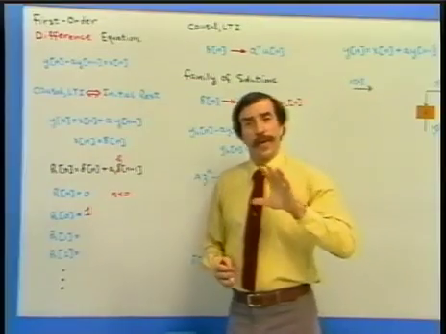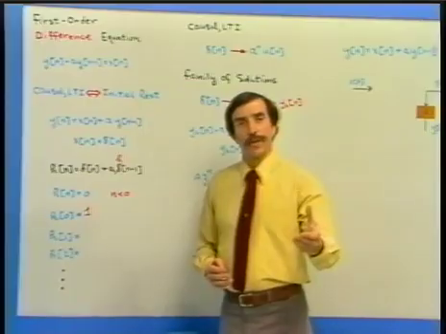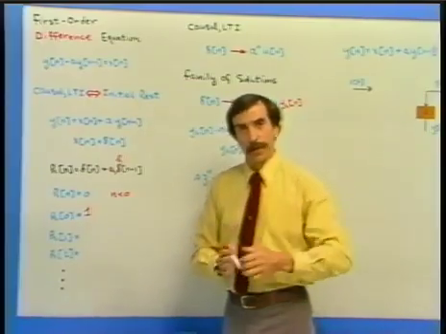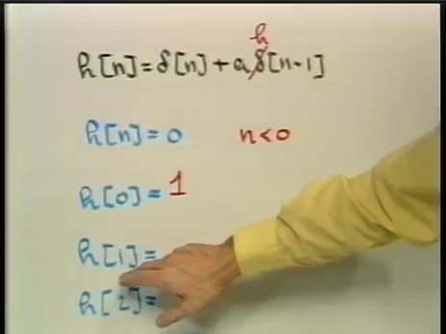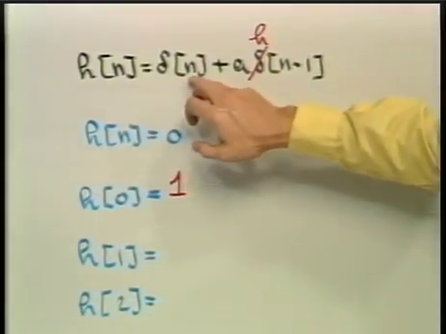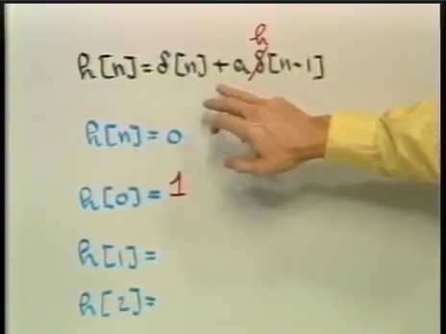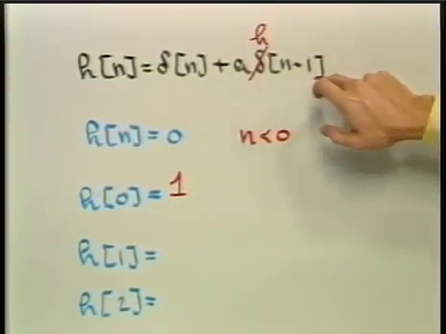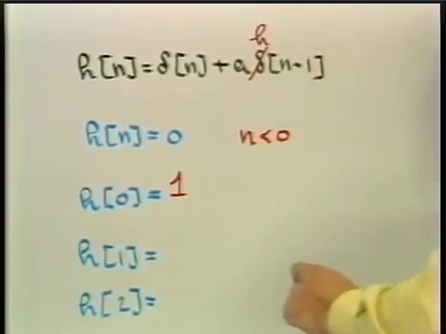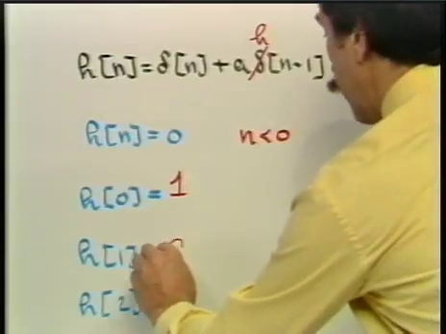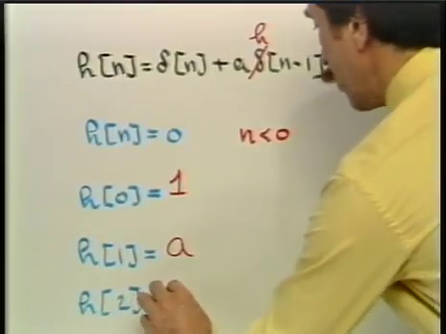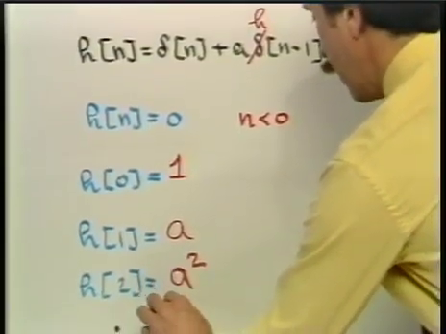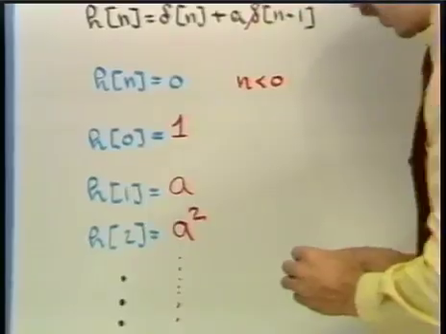Okay, now that we have h of 0, we can figure out h of 1 by running this recursive equation. So h of 1 is delta of 1, which is 0, plus a times h of 0, which we just figured out is 1. So h of 1 is equal to a. And if we carry this through, we'll have h of 2 equal to a squared, and this will continue on.